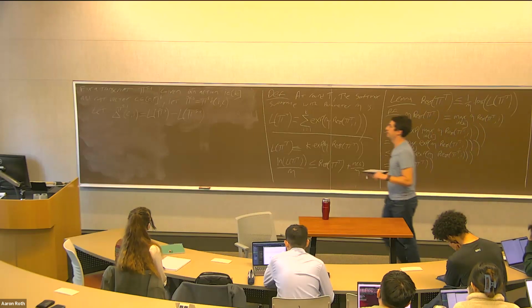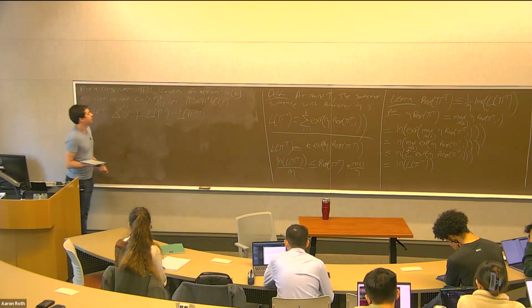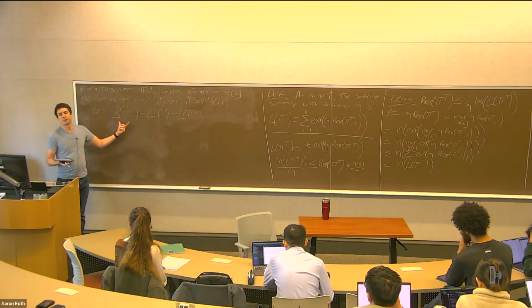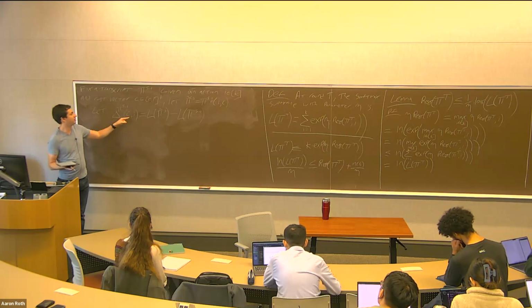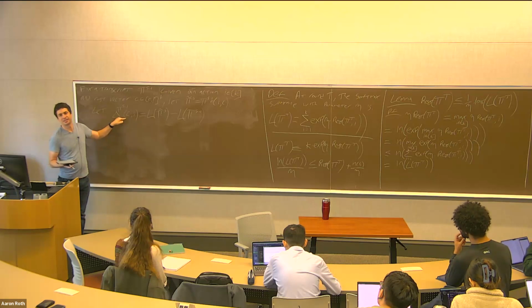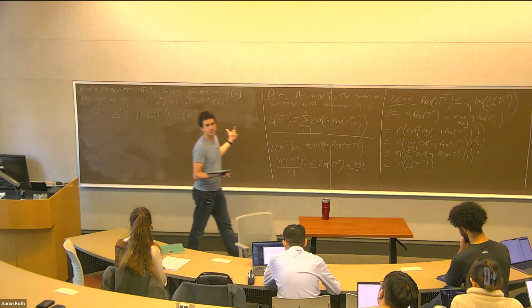So our long-term goal is to find a mixed strategy for the learner, a distribution over the I's, that's going to guarantee that for all strategies of the adversary, this quantity is small. Does that make sense?